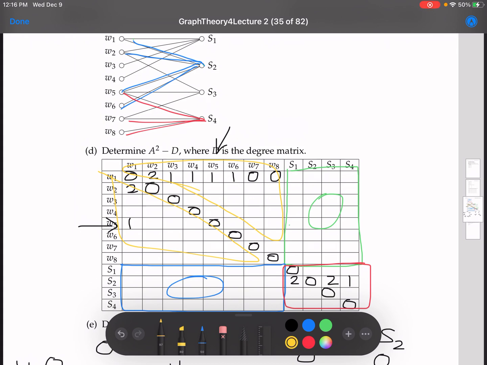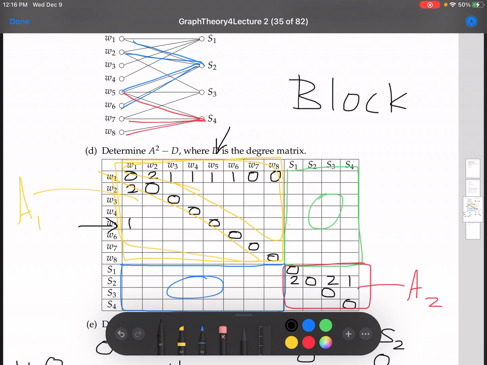Now, the big picture thing that I want to show you now is notice what's going on here. First of all, looking at this graph, or looking at this adjacency matrix, A squared minus D, we see that it is block diagonal.